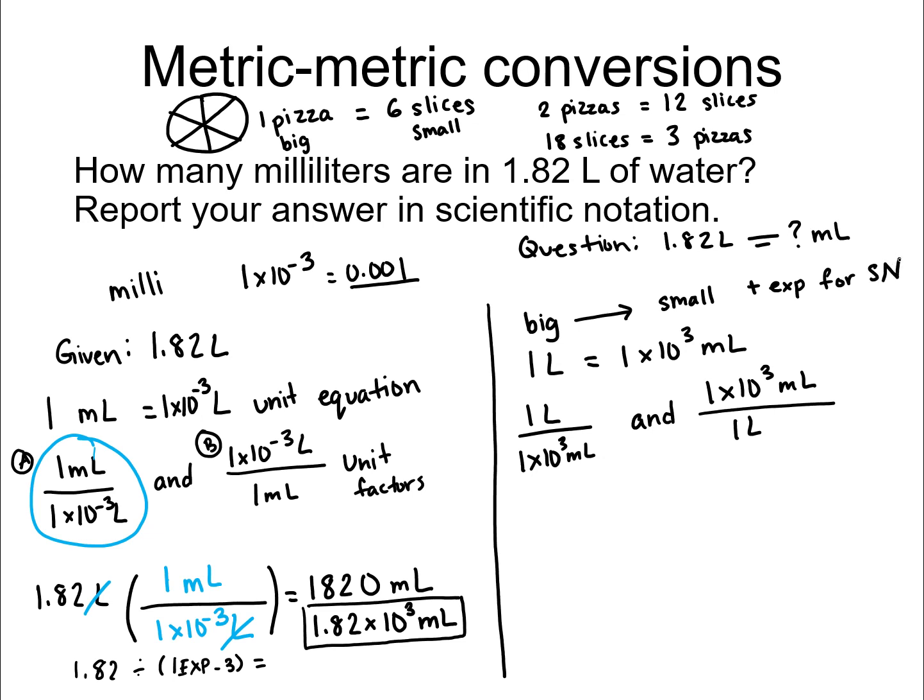SN is scientific notation. So for some people, this way makes sense to say 1 liter is 1,000 milliliters. For others, you just read it straight from the chart.